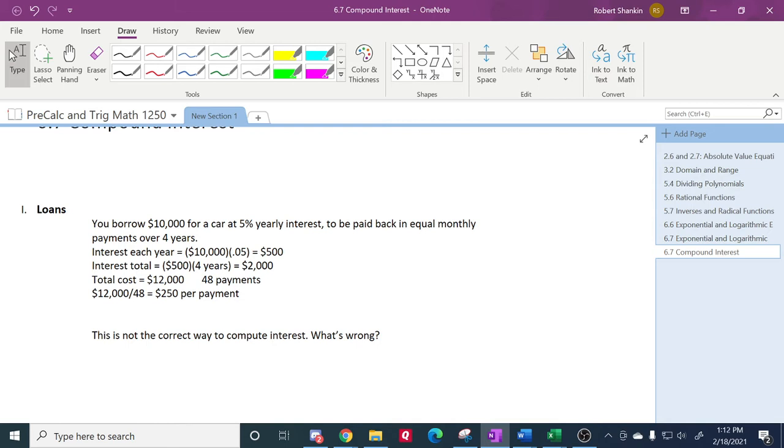Right. Now, with the loans situation, group 1, anything you've come up with, any possibilities, what could be wrong with this?